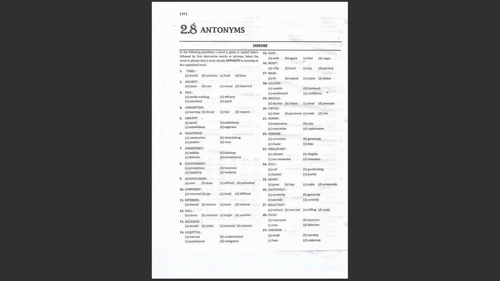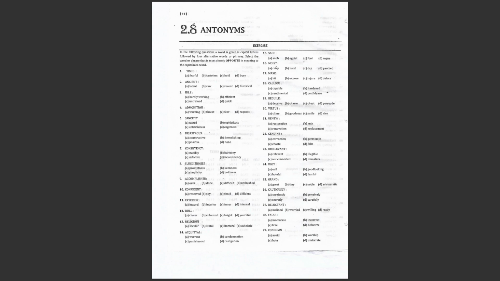Next word is idle. It is not IDOL, which is someone that you look up to. IDOL वो वाला idle नहीं है, ये IDLE है, खाली वाला idle. Idle means someone who wastes their time, does nothing, sits idly. समय व्यर्थ करने वाला व्यक्ति, खाली रहने वाला व्यक्ति, उसको क्या कहते हैं? आइडल.